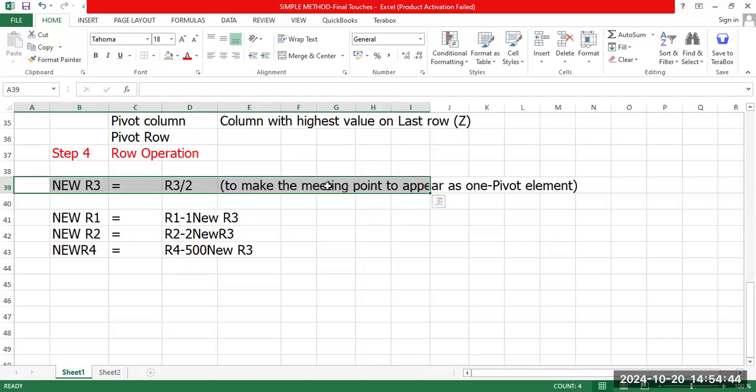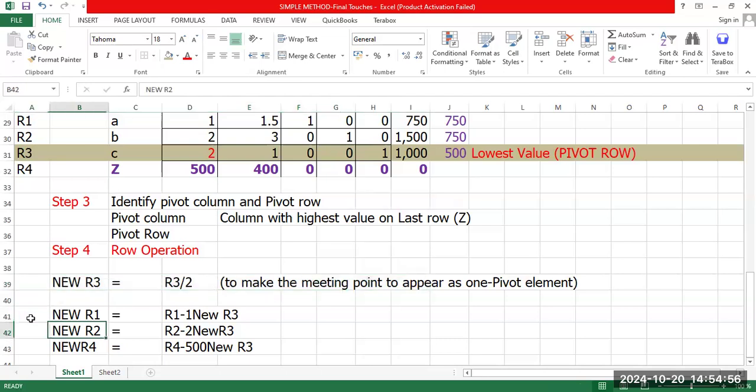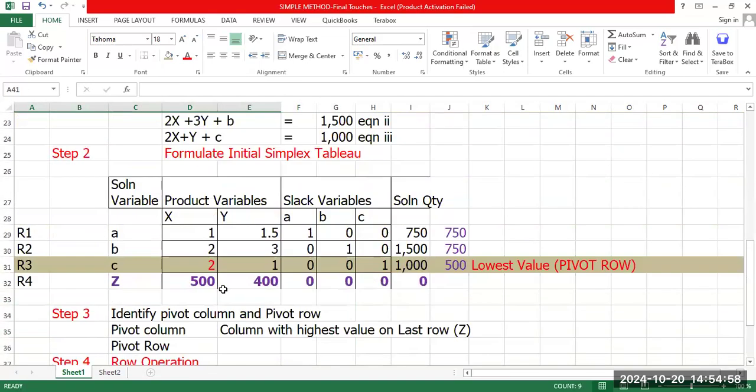So the meeting point is in which row? Row 3. So you will need a new row 3. Then get the original row 3 divided by the figure you want to change. Once you do that, the next focus is to make sure that apart from this meeting point, which will appear as 1, I come up with other formulas that are going to help me to make this value appear as 0, this value also appear as 0, and this value appear as 0.